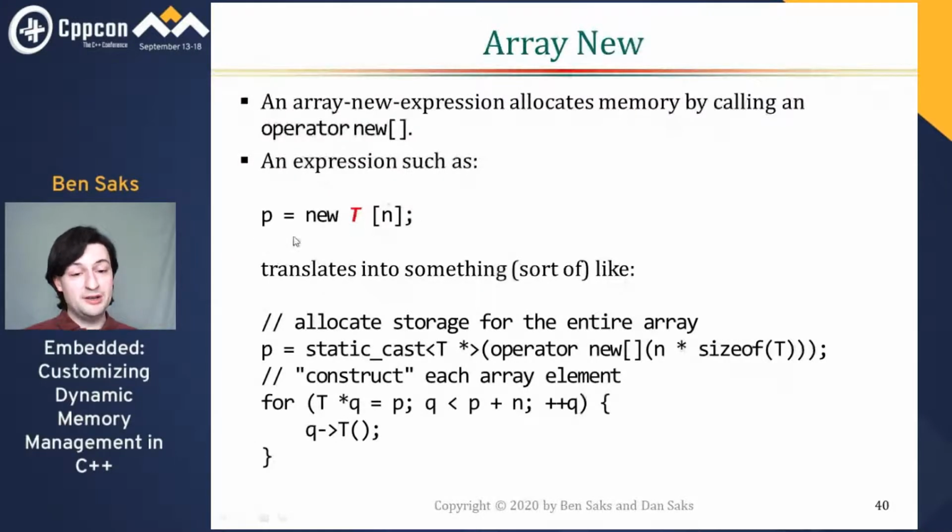So this expression is actually going to translate into something like this, where it calls operator new[] under the hood, and then goes through each element in the newly allocated array and constructs an object in that memory. Again, this syntax wouldn't actually work if you tried to write it, but this is just an imaginary notation for what the C++ compiler might be doing under the hood.